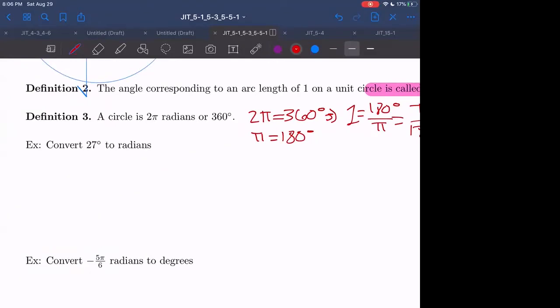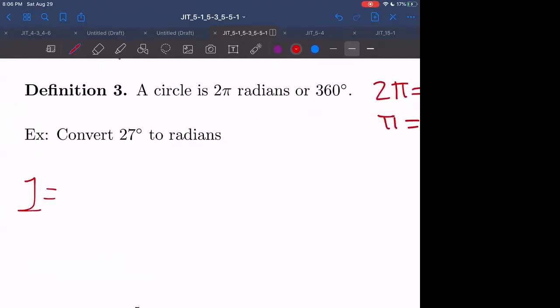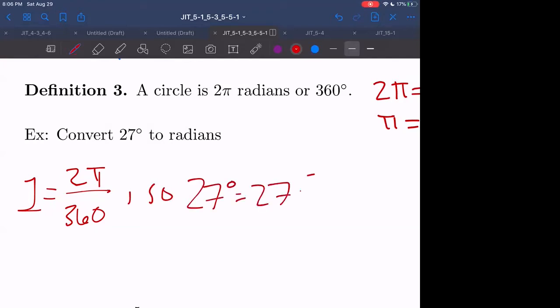If we want to convert 27 degrees to radians, we'll use the fact that 1 is equal to 2 pi over 360. So 27 degrees is equal to 27 times 2 pi over 360, because this is just 1, so we're not changing anything.